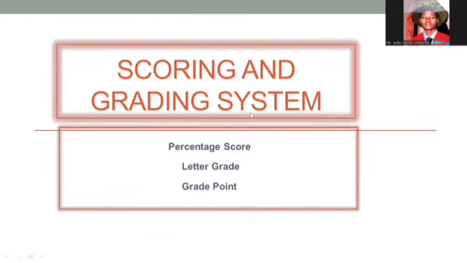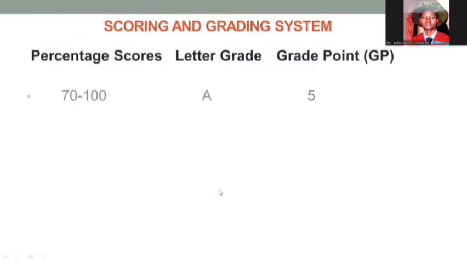Then let's look at the scoring and grading system. We want to look at percentage score, the letter grade, and the grade point. For a candidate that scores between 70 to 100, the letter grade is A, the point earned is 5, very high. Between 60 to 69, the letter grade is B, the point is 4.